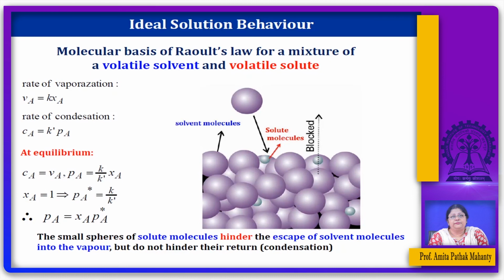That should correspond to P star, right? From the equation. And if I now substitute the expression of P star in this equation which I have obtained in the equilibrium condition, then I get the expression which Raoult's law establishes, right?